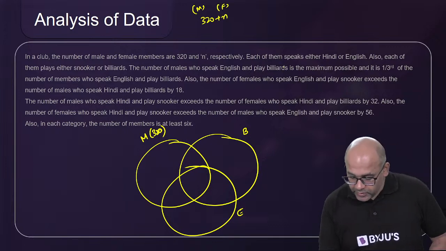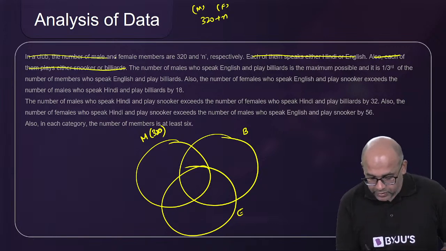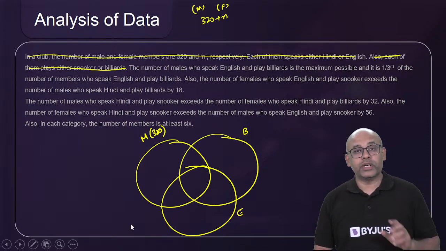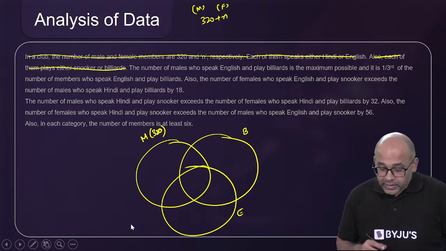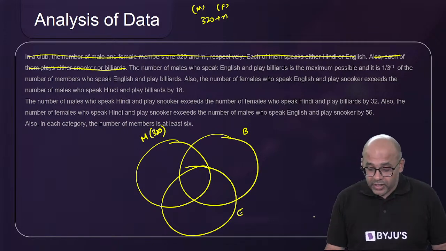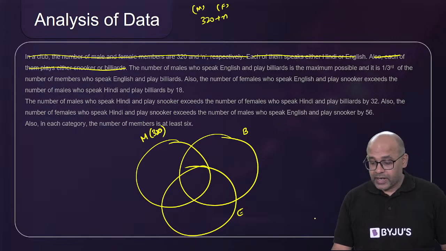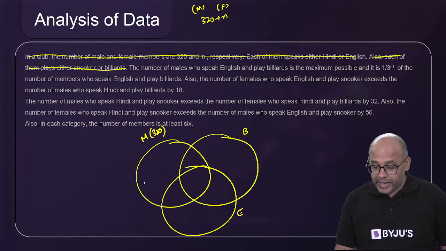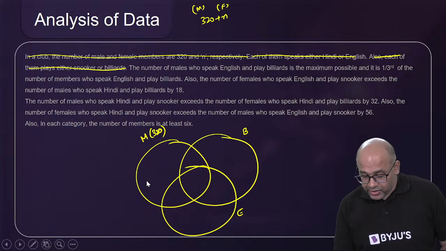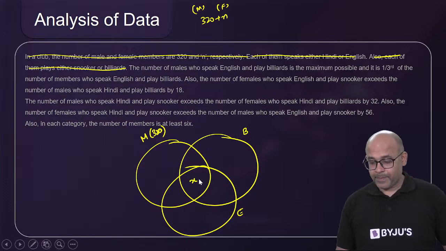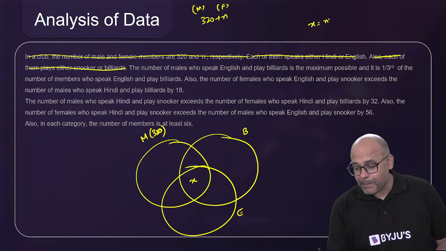Each of them speaks, so this is taken care of, this also I have written. So whatever I have written, I am cutting it out. The number of males who speak English and play billiards is the maximum possible. Males who speak English and billiards, so this X is maximum.